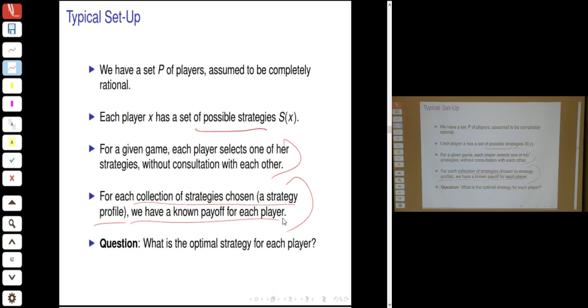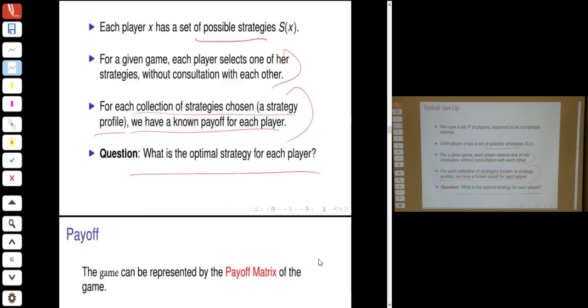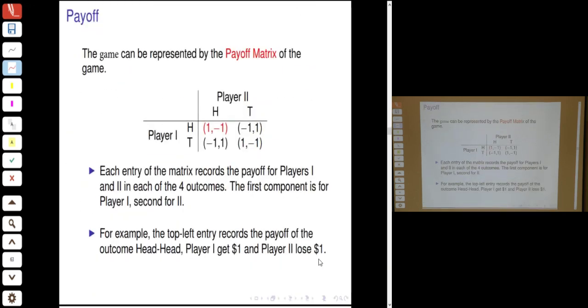So we know that if player A plays strategy 1, player B plays strategy 2, player C plays strategy 3, then for this combination of strategies, we know which player will gain what. And the question is to find the optimal strategy for each player. So the game can be represented by the payoff matrix. Each entry of the payoff matrix records a payoff for players 1 and 2 in all the possible 4 outcomes.